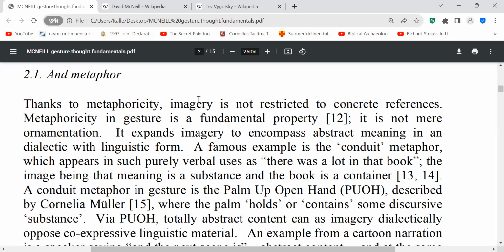A famous example is the conduit metaphor, which appears in such purely verbal uses as "there was a lot in that book." The image is that meaning is a substance, and the book is a container.